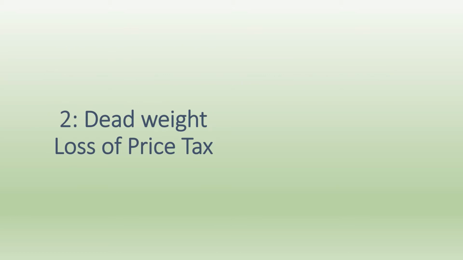To compute deadweight loss, or loss in efficiency or welfare because of the tax, we have to follow the three steps which I mentioned when I discussed the case of subsidy. If you have not seen that video, then I recommend you go through that video.